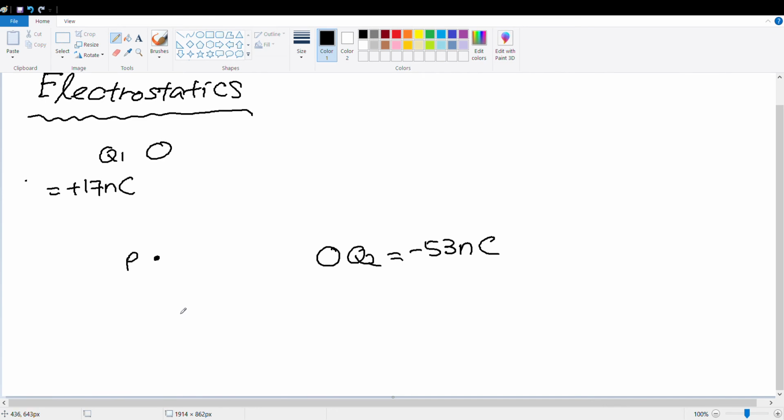As for another one, which is Q3, my Q3 is negative 35 nanocoulomb.